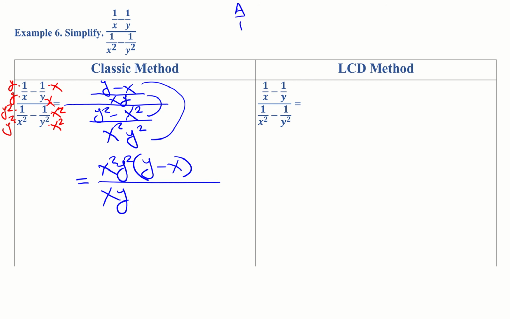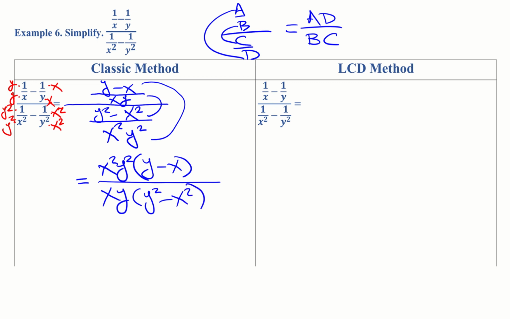Remember, the rule says a over b over c over d equals ad, the outer product, over bc. Extremely handy to know. So xy times y squared minus x squared.